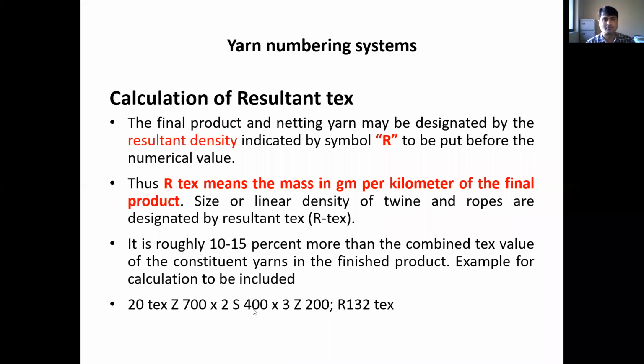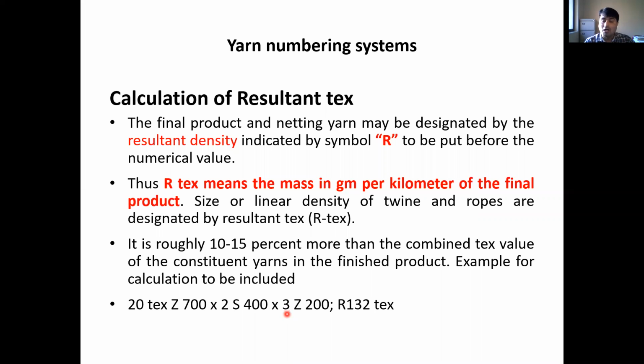So the folded yarn is twisted 200 times in right hand direction. How many number of folded yarn? Sir, 3. Okay, good, correct.